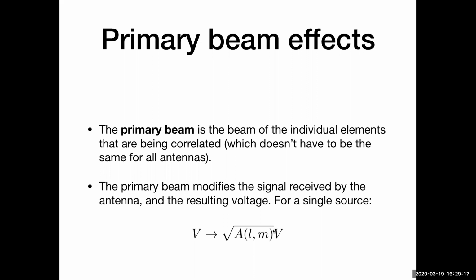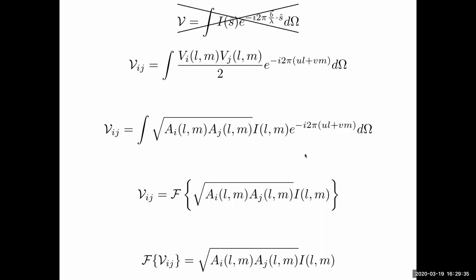One of the things that has been previously skipped in the previous derivation is that this voltage is the integral over all directions. So now we have to integrate over all directions, but with this factor involved. And so we define the visibility between some pair of antennas, ij, some baseline. Previously, we defined it as the product.